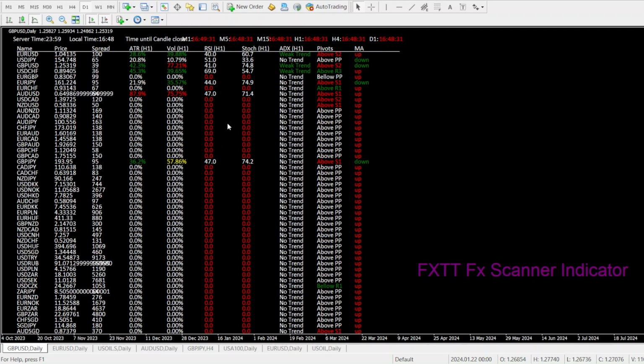All right, so the indicator scans those currency pairs. As the name implies, it's a scanner, right? The indicator is a scanner.